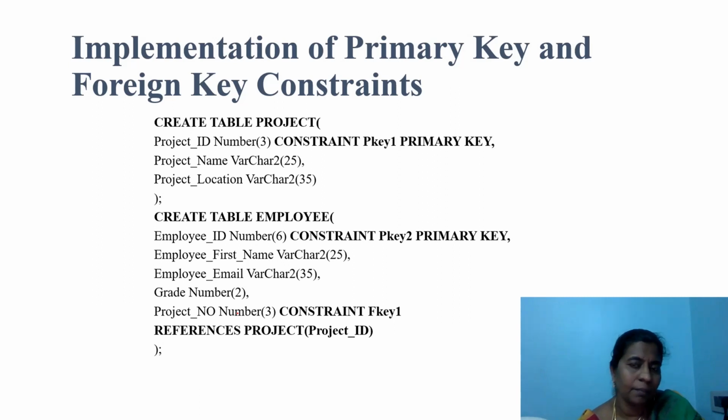And implementation of primary key and foreign key. For implementing primary key and foreign key, you need two tables, right? In this case, we have two tables. One is the project table and the other one is the employee table. In the project table, project ID is the primary key.